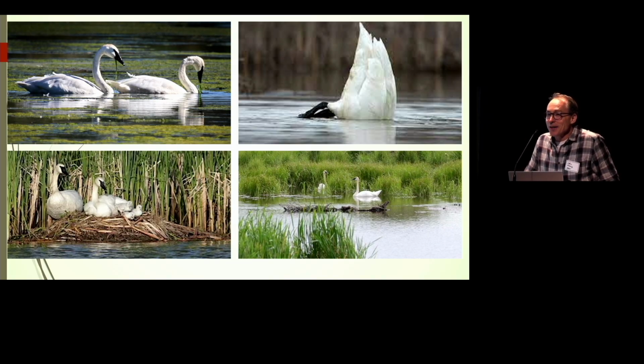I often don't get to do slides with a lot of beautiful pictures, so this is an opportunity for me. Here you can see that they use their long necks to be able to acquire food that other dabbling ducks can't access. They'll form nests from muskrat houses, and they'll use the emergent vegetation for concealment from predators.